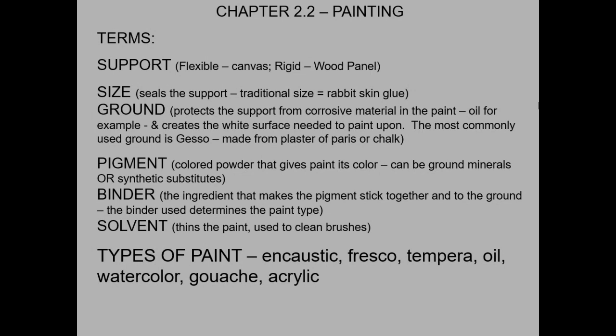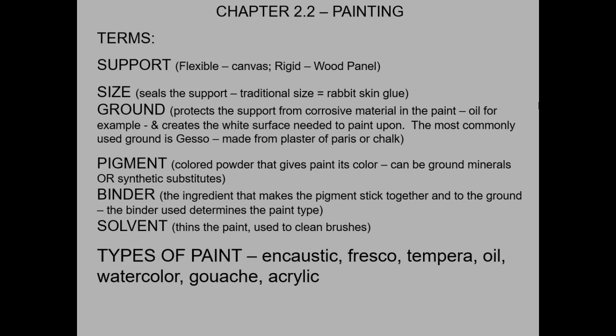In this case has nothing at all to do with physical dimensions, how big the piece is. The size is the material that seals the surface. It's a glue that seals the surface. The traditional size is derived from boiling the skin. As gross as that may sound to us today, the traditional size is, in fact, rabbit skin glue.